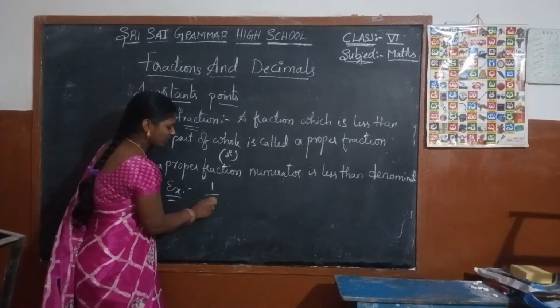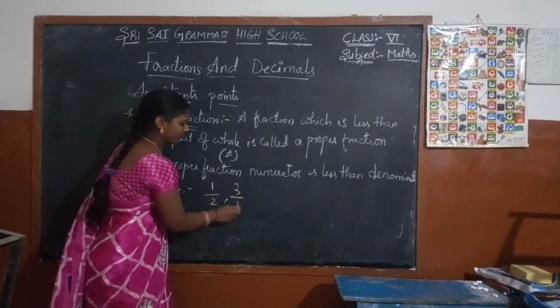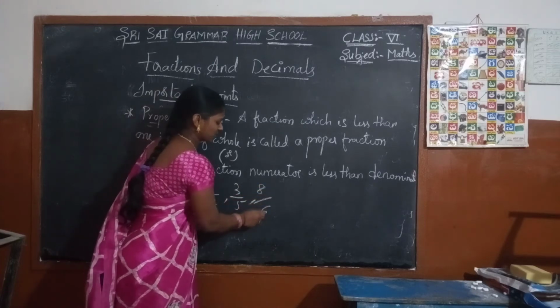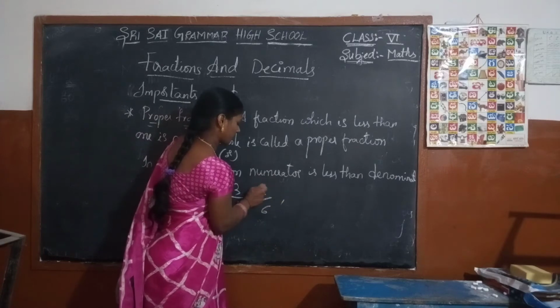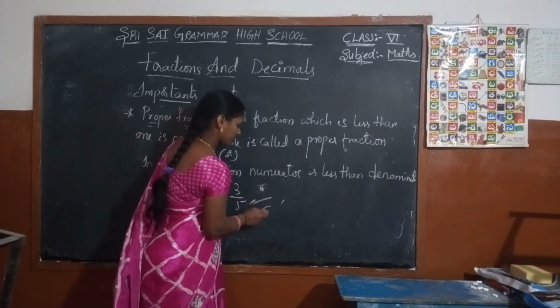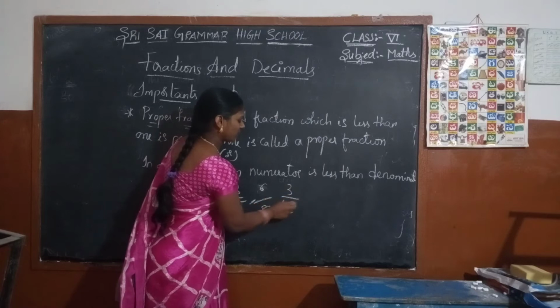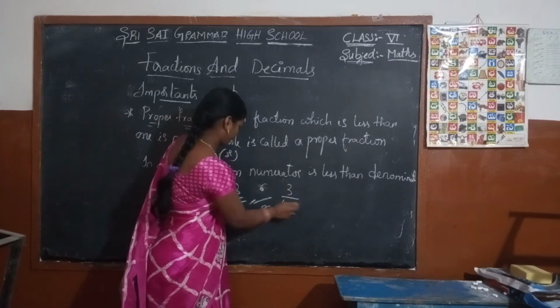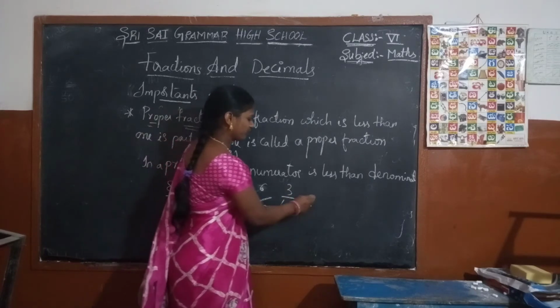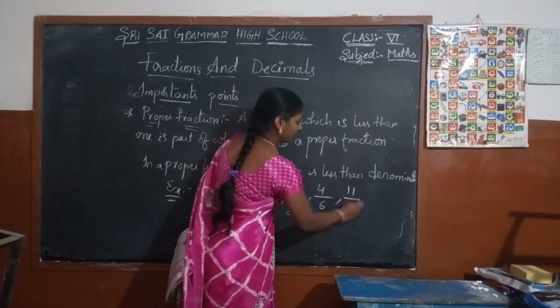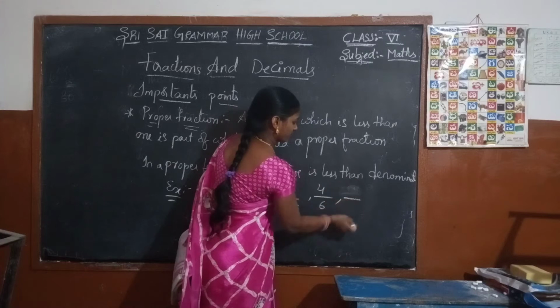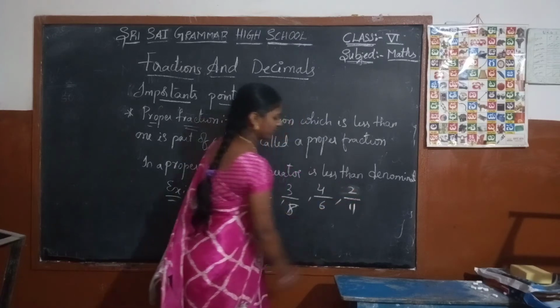For example, 1 by 2, 3 by 5, 6 by 8, 3 by 8, 4 by 6, 2 by 11.